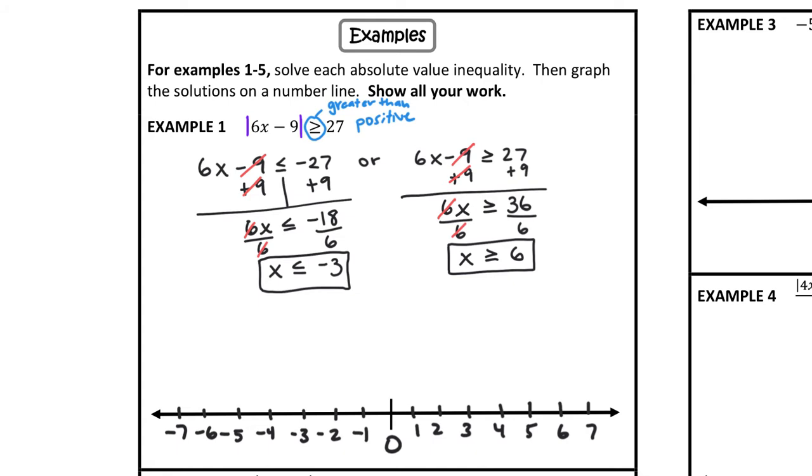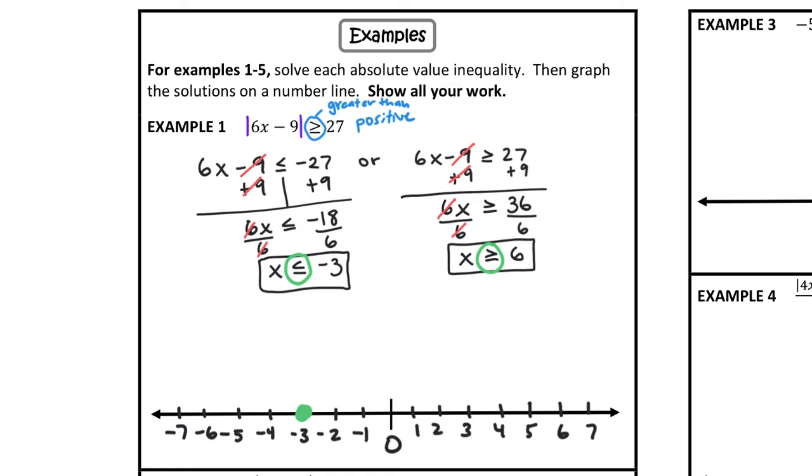Okay, so now I want to shade my answers. Notice that it's equal to, and it's at -3. So -3 is right there, so closed circle.